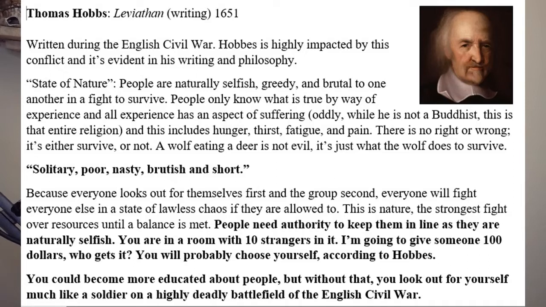Or, hey, let's say there's 10 of us in a room together and there is a fire, and one person is going to escape. Point to that person. You're probably pointing to yourself. So that sort of selfishness is very natural, according to Hobbes, and you should not look for others to take care of you unless it's also benefiting them in some sort of selfish way.